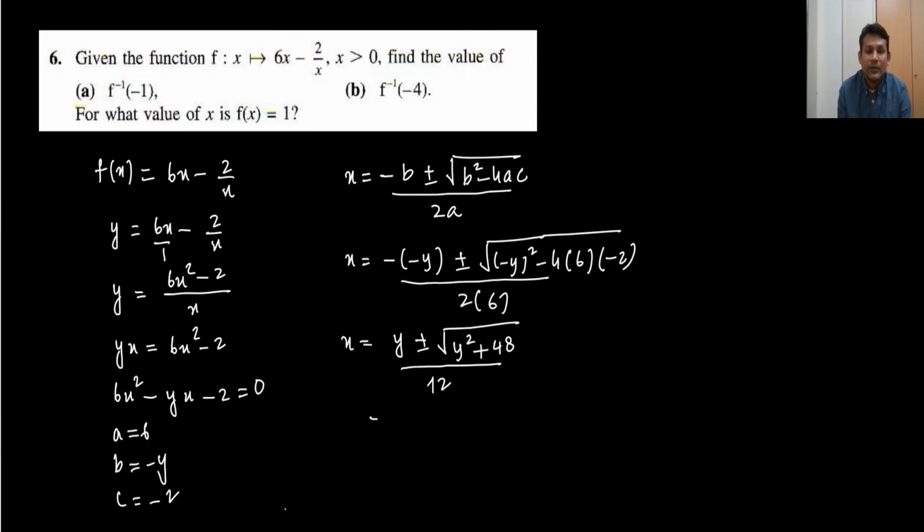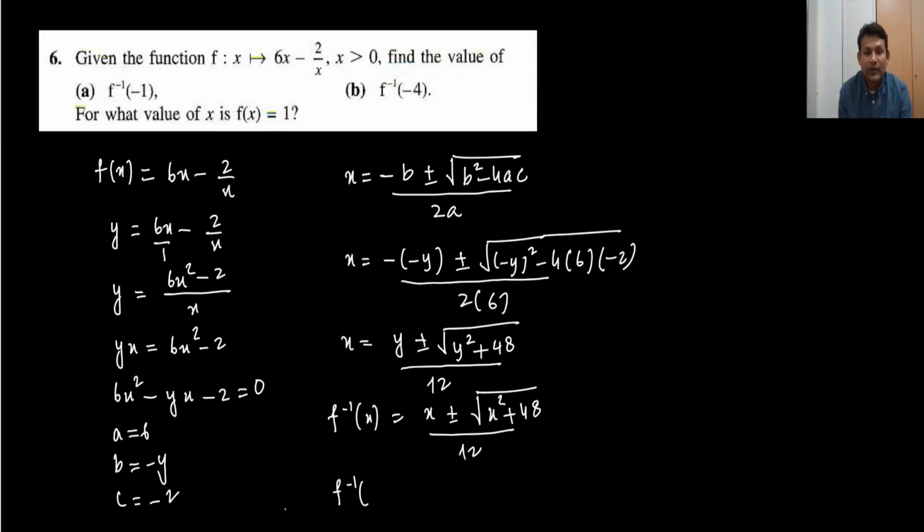So now, when we make f inverse, this y will become x. And this is x plus or minus the square root of x squared plus 48, divided by 12. Now we need to find f inverse of minus 1.